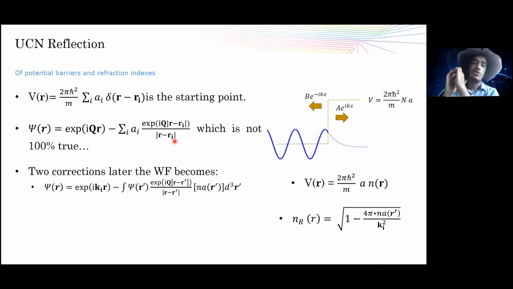This is not exactly true, because you are assuming that the incident wave function is the same when it comes to the one incident on the whole sample and when you zoom in on a single nucleus.